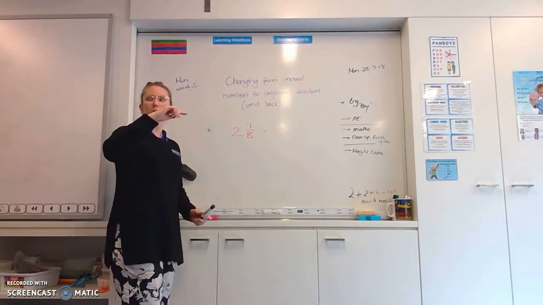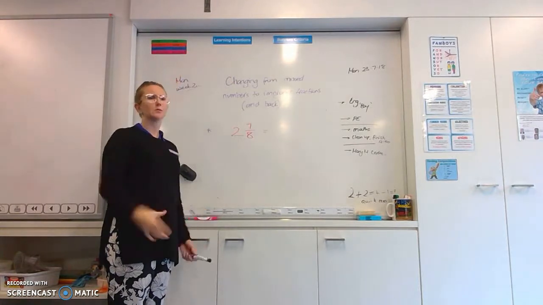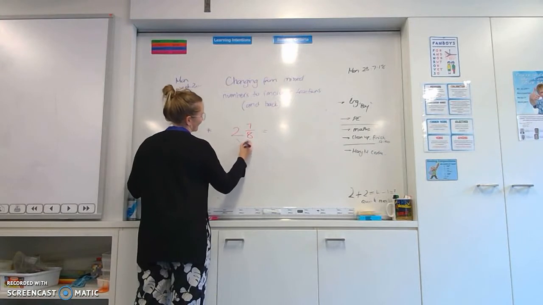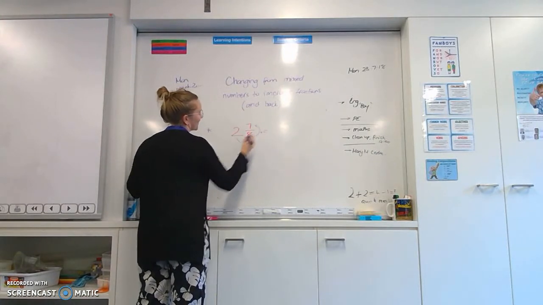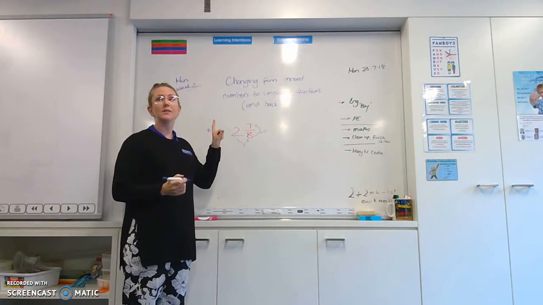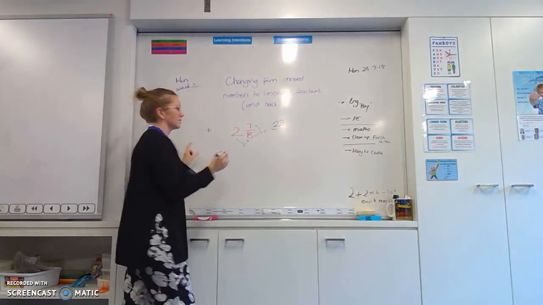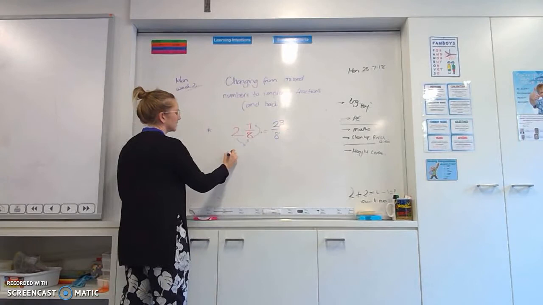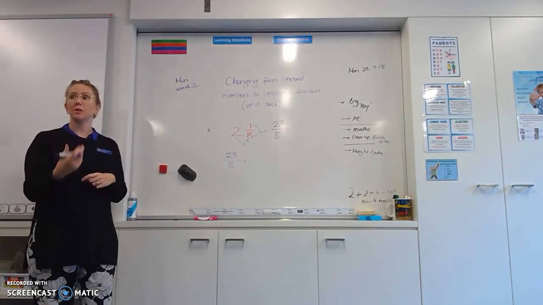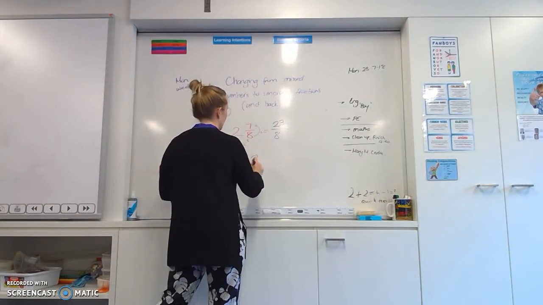Now multiply and then plus. 2 times 8 is 16, plus 7 is 23, over 8. Okay, now the other way. How many times does 8 fit into 23 without going over? How many times, Akira? And how many left over?